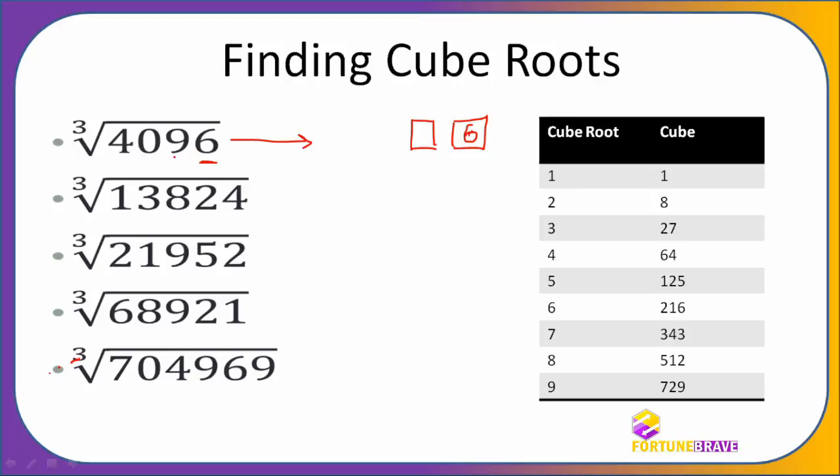There we used to ignore the last two digits. Here, because it is a cube, we are going to ignore the last three, my dear friends. So what will remain here? 4. Again same procedure. What is the cube smaller than this? 1. What is its cube root? 1. So the answer is 16. That's all. Nothing else has to be done.